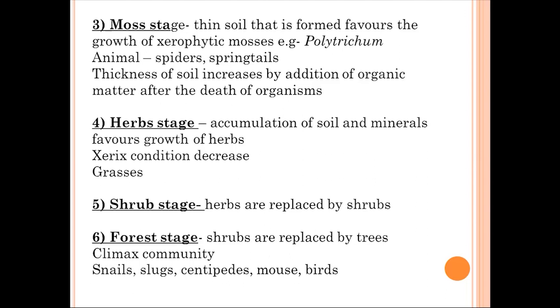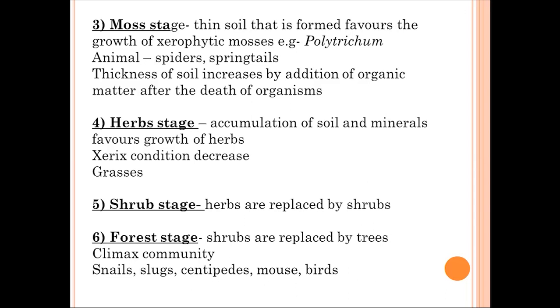Xerophytic mosses means mosses which can grow in little moisture or dry conditions. Then again the thickness of soil increases, and there is an addition of organic matter. So the soil and minerals favor the growth of herbs. Grasses can be found in the herb stage.